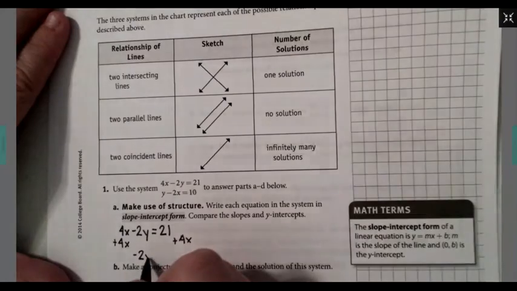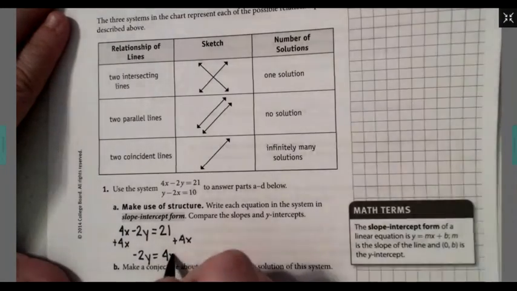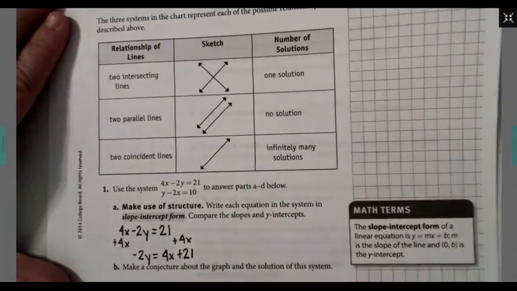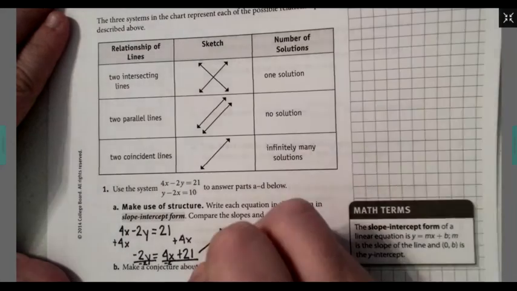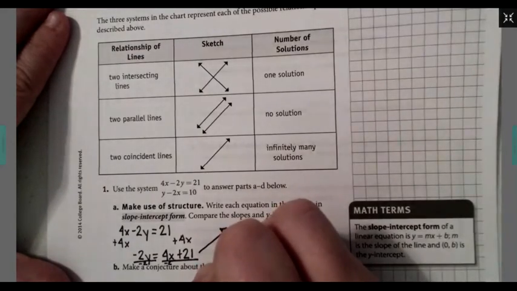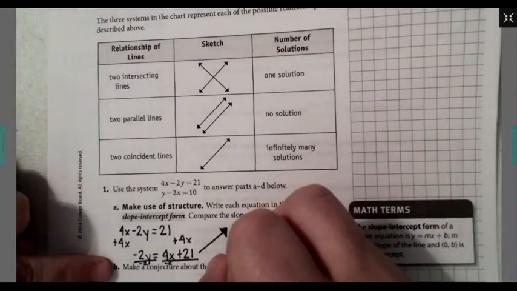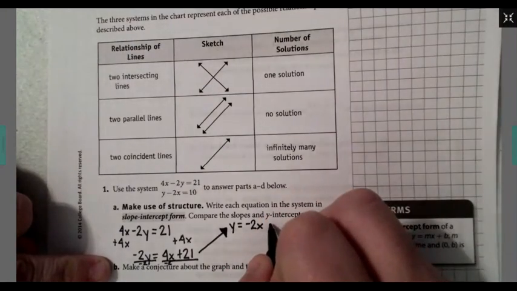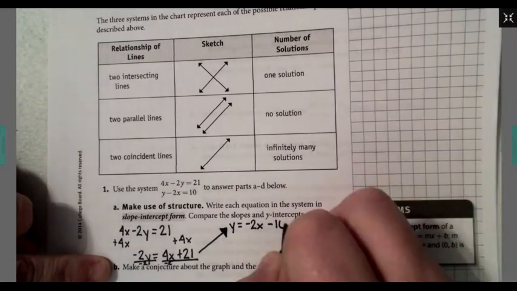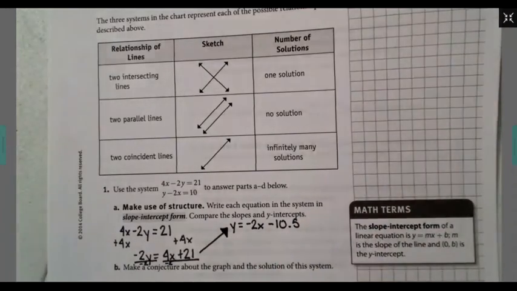So I'm left with negative 2y equals 4x plus 21. Next, we're going to divide by negative 2. So this is going to give me y equals negative 2x minus 10.5. That's the first equation.